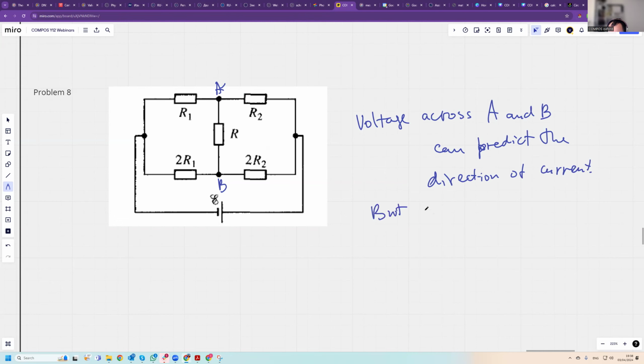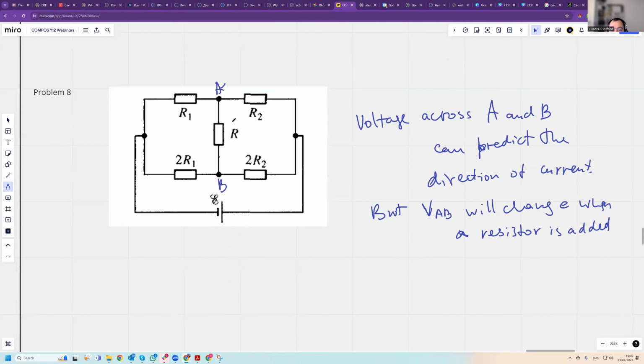But the VAB will change when a resistor is added.